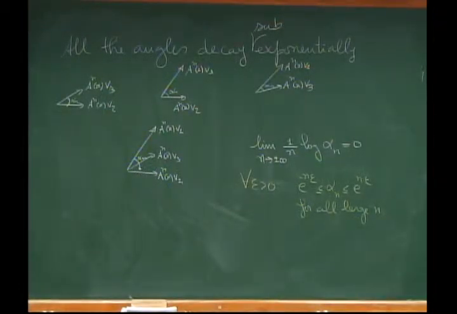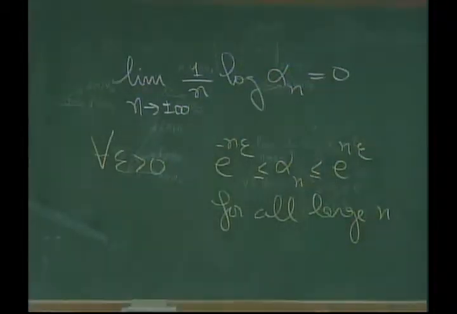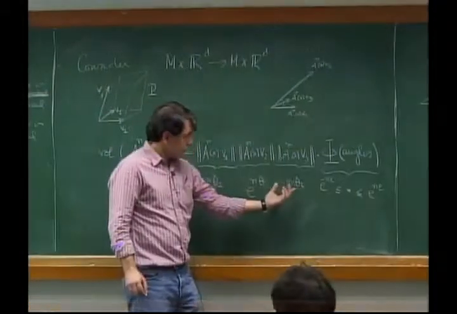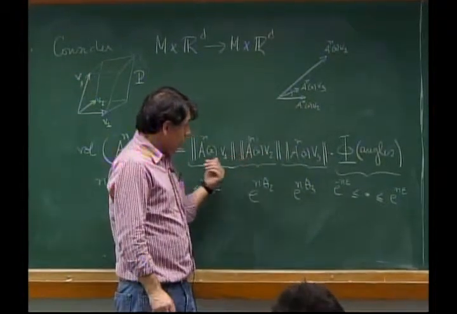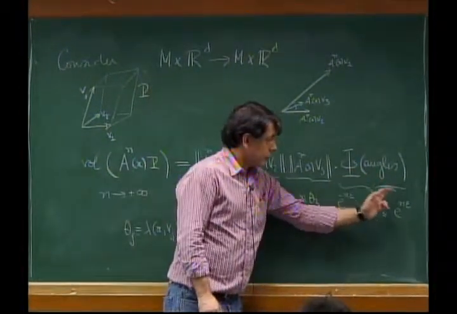So the angles can go to 0. When the angles go to 0, the volume of the parallelogram is not so well related to the product of the lengths of the edges. But the mistake is of this type.